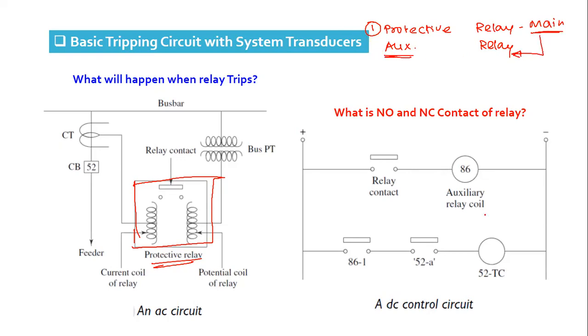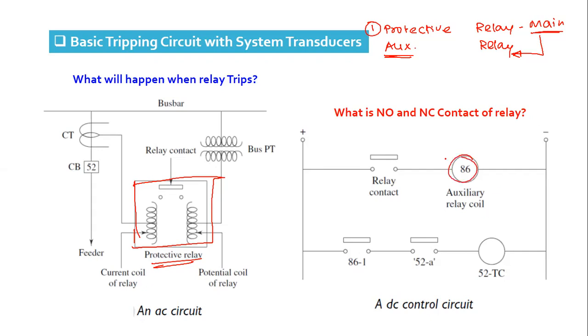The use of the auxiliary relay is for announcement, initiation, and other control functions like tripping of the circuit breaker, or maybe any lamp or buzzer announcements. Anything can be done using the auxiliary relay.